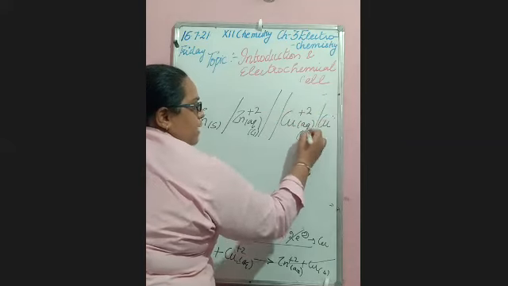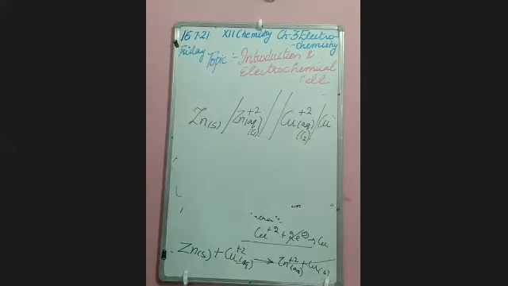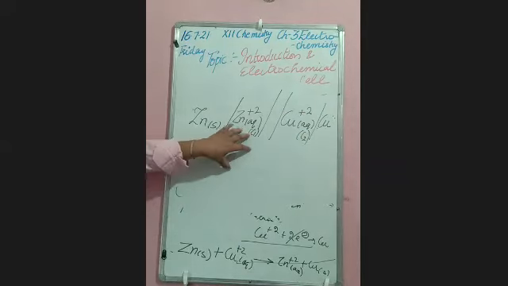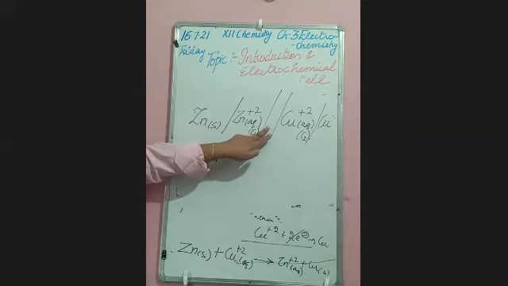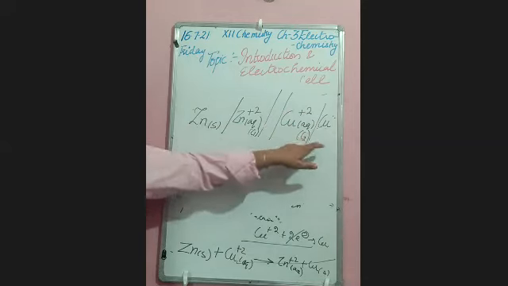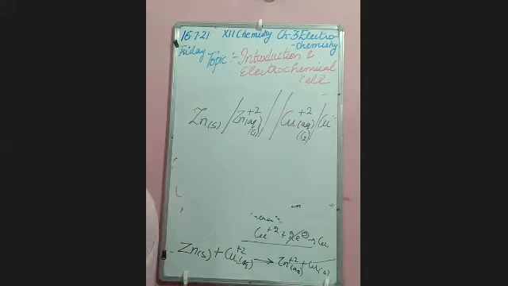You can also write C1, C2 to represent the concentration. Now this represents the oxidation. This double forward slash represents the salt bridge. This represents the reduction, and this single slash represents the phase change. Okay. Is there any doubt? Please let me know.